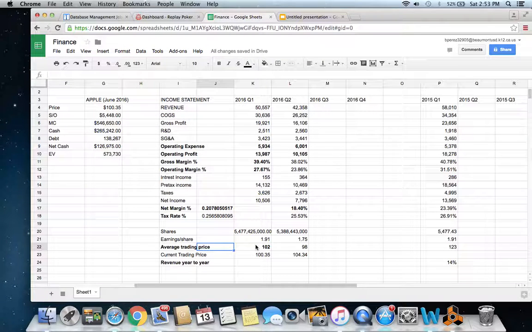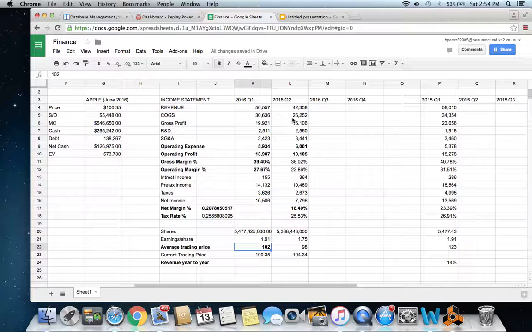So Apple was trading about $102 in 2016 Q1. For January, February, March, we're all trading at around $102. So with these financials here, it was trading at $102. So it's a good way to gauge the market cap, the value of a company with their financials.